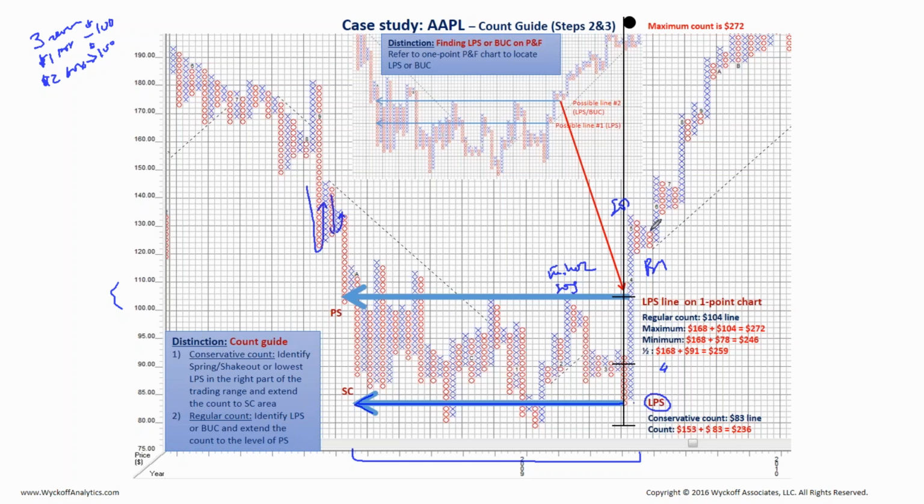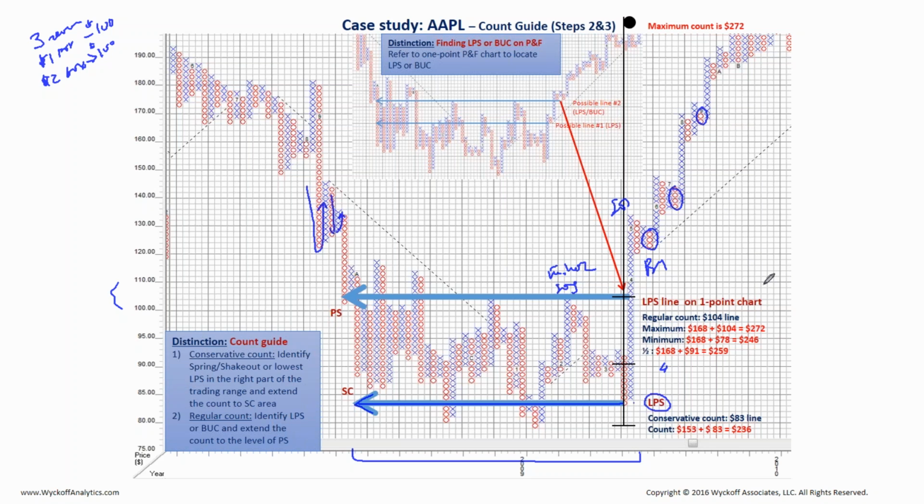The only thing that can cause the chart to proceed to the right is volatility in the opposite direction, and that is what causes a point and figure chart to form.